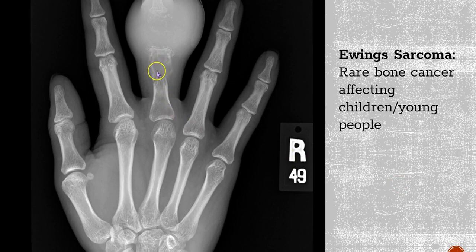So you can see some of the spaces here. This middle phalanx appears to be almost completely disintegrated, and then you've got a large tumor here. Certainly at this point we are worried about metastasis to other locations in the body. Whenever you hear the term sarcoma, that should be a red flag that is malignant.